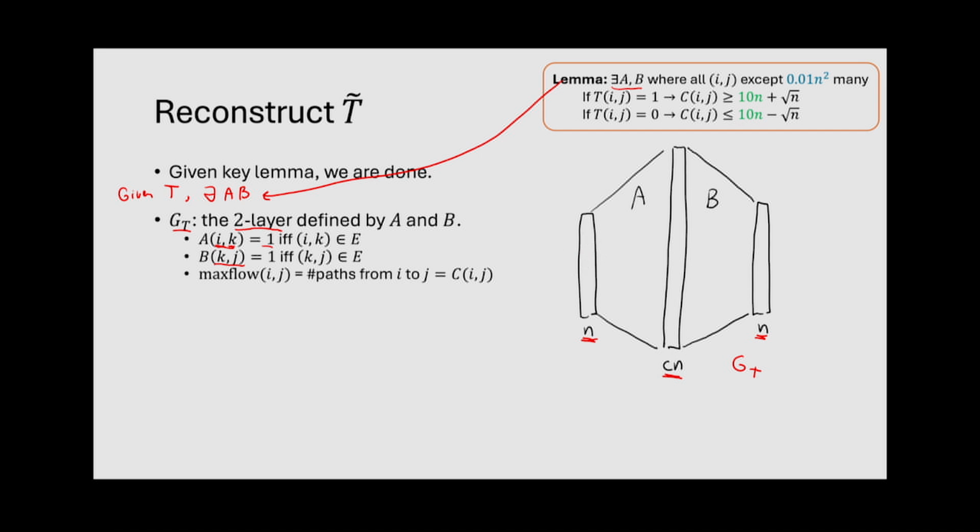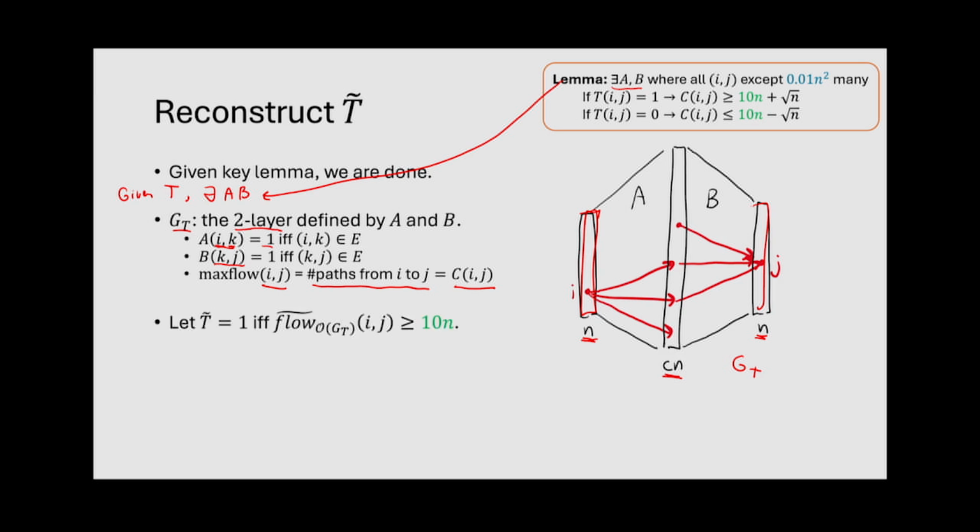And you can see that in this graph, the max flow value from i to j is going to be exactly the number of paths from i to j, which is the same as the entry ij of C. So when you query max flow value between the first and last layer, you basically know the value of C on each entry.